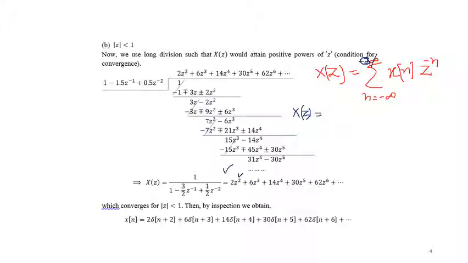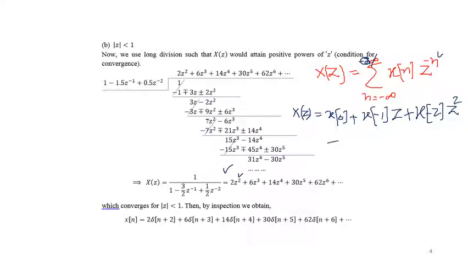So I can write it like x of 0, plus x of minus 1 times z, because minus and minus gives plus. Then I'll have x of minus 2, so it will be z power 2.